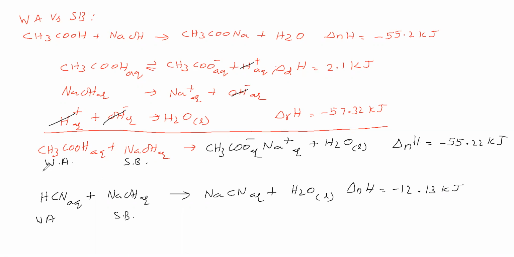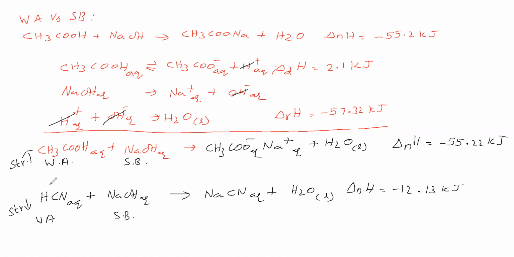So this indicates that this weak acid's strength is high, therefore it dissociates easily. This weak acid's strength is very low, therefore it does not dissociate easily. For this dissociation, more energy is consumed when compared to the other one. Therefore, its enthalpy of neutralization is much lower.